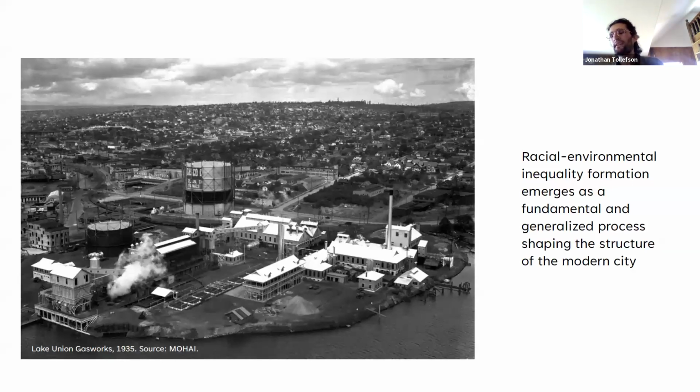And if that's the case, then the segregated and unequal neighborhood is likely formed through a much more deeply environmental process than we often recognize. This suggests, I think, that racial environmental inequality is likely a fundamental and generalized process that shapes the structure of the modern city, going back to this initial formation of neighborhood racial segregation 100 years ago.